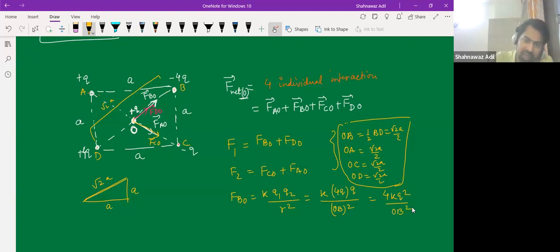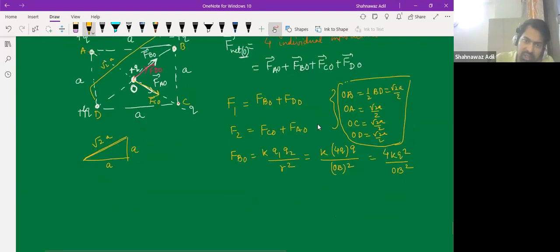Now, what is FDO? FDO is again K 4Q Q divided by OD square, which is 4KQ square by OB square, because OD is equal to OB.